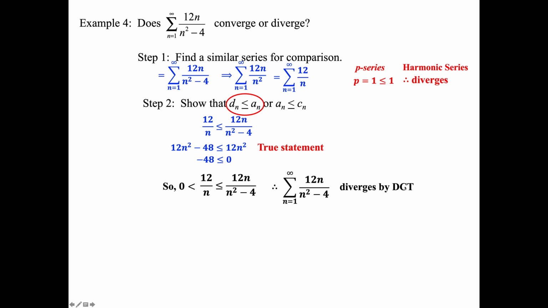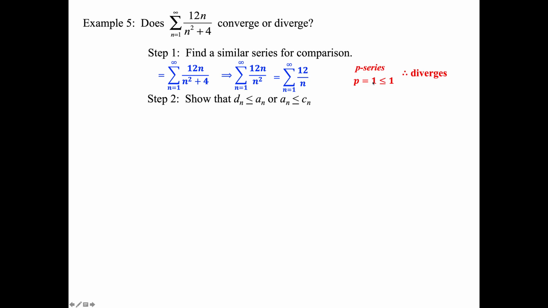Okay? All right. Let's go to example number 5. Oh, wait a minute. 5 looks just like number 4, but it's got a plus sign here. So, well, let's find out what happens here. Get rid of the plus 4, cancel the n's. It's like, hey, that's the same similar series, which was diverging.